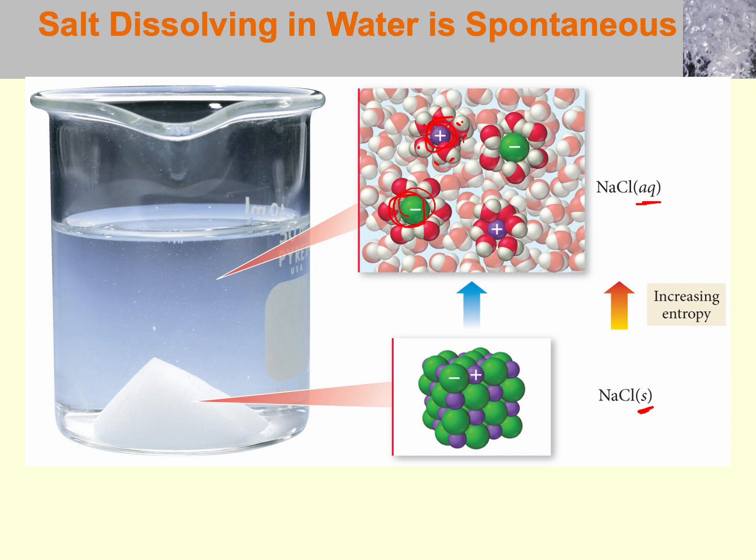The intermolecular forces, we call this, is ion-dipole, and it does allow for more freedom of movement for the sodium chloride in this state, which is why, again, it would be favorably spontaneous.